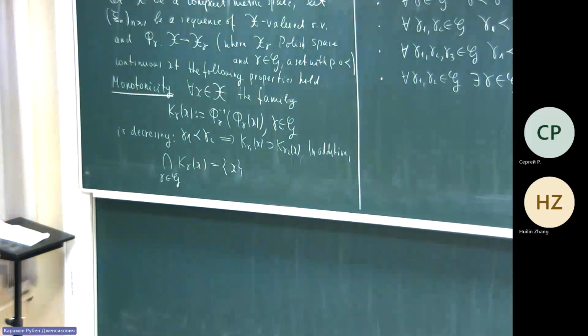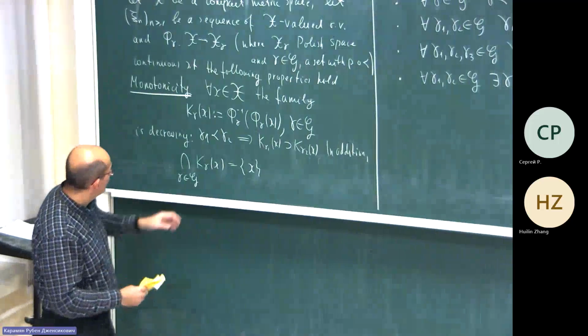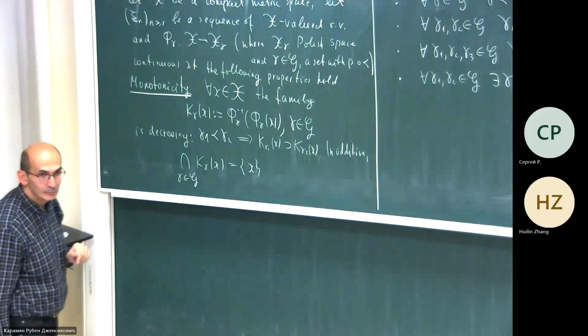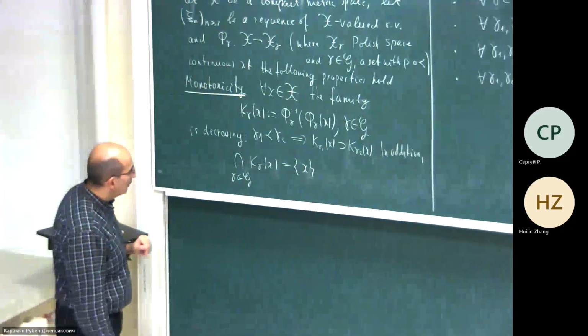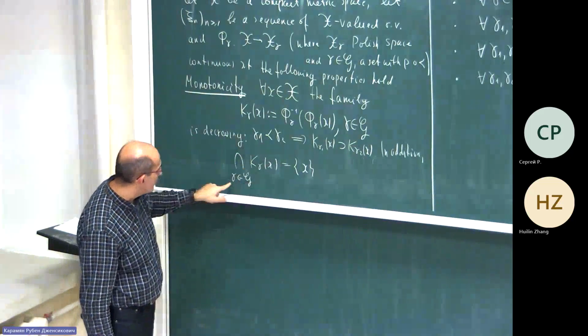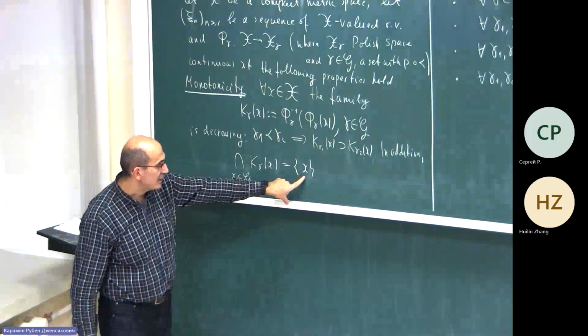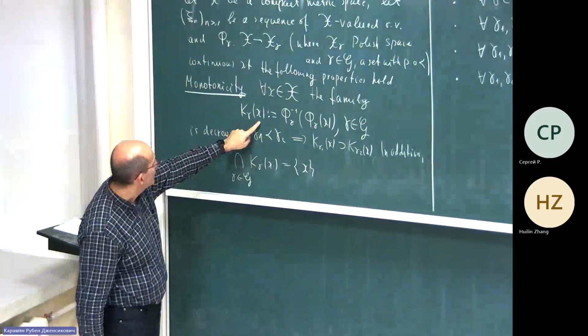So assume that this family is decreasing, which means the following: the larger this gamma, the smaller the set. And in addition, if I take the intersection with respect to all gamma, then there is only x left. So you take K gamma x.